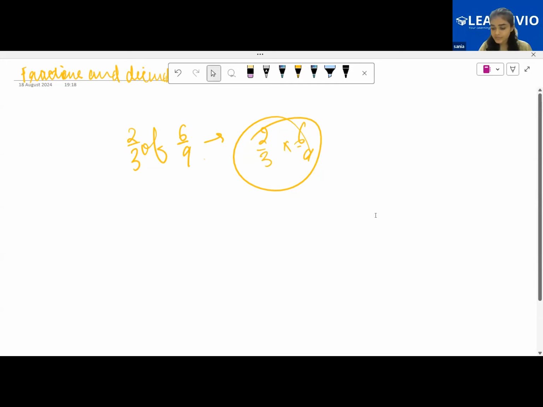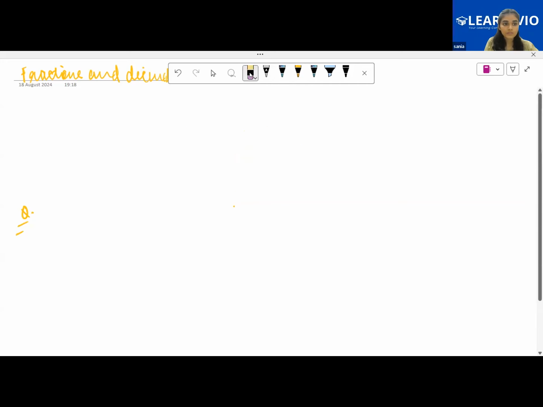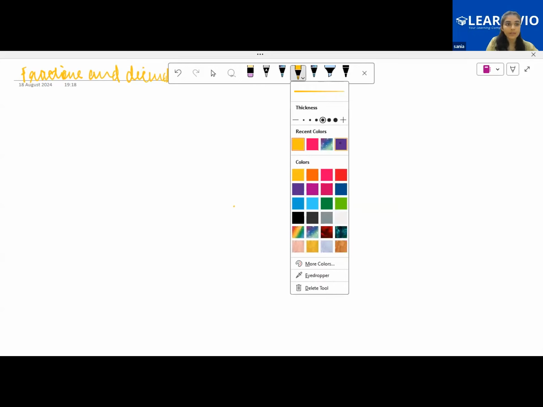Please open that. Zunaira, please open that chapter. Yes. Open the chapter fractions and decimals, and from that open example number 1.